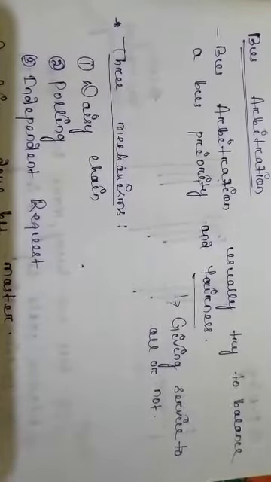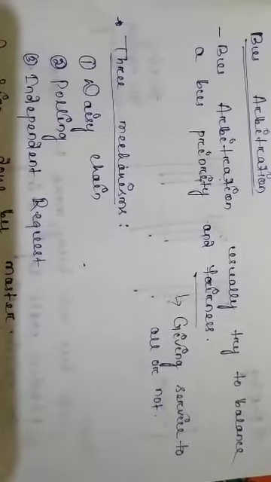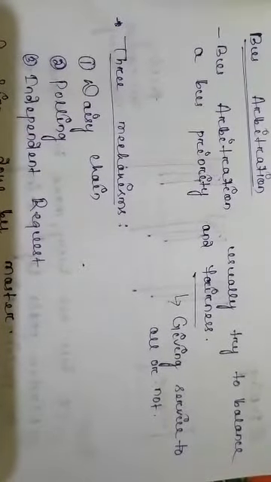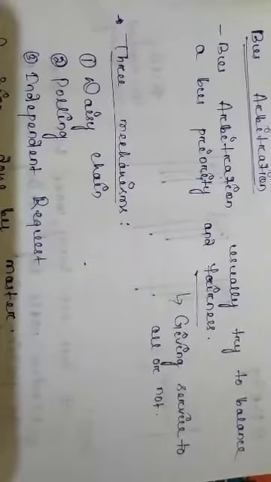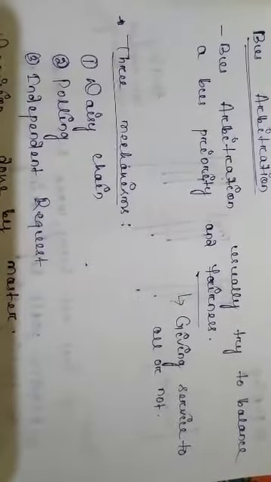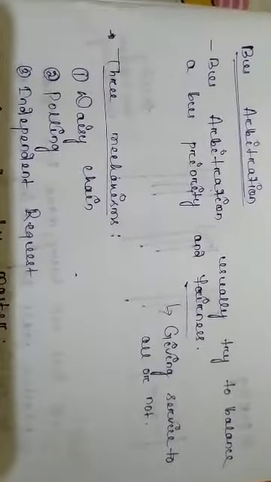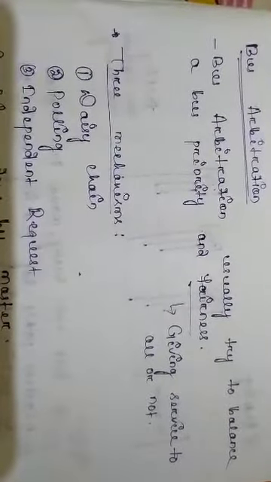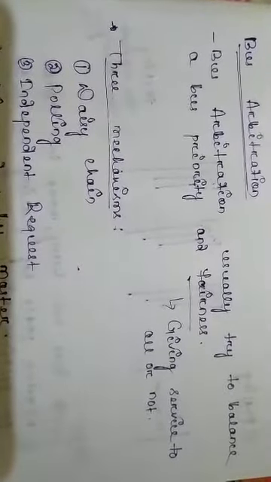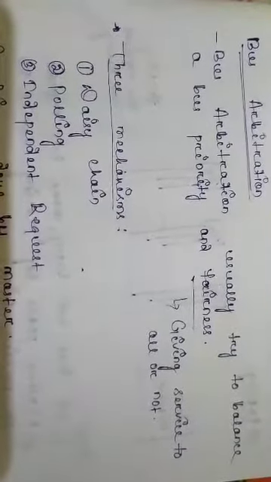For example, in a system we have different types of buses, and from those we are using a system bus. In the previous class I gave you a picture where the processor and memory are connected with the IO devices by a system bus. Let's take this as the system bus.